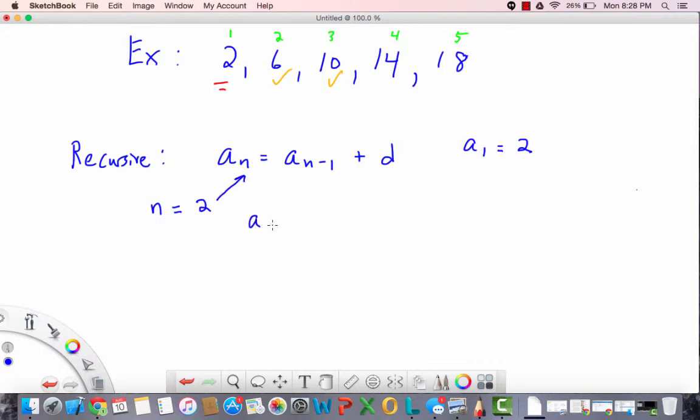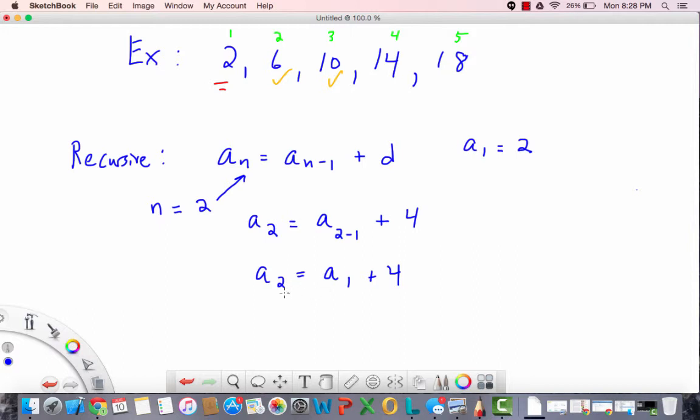So now we're trying to find a sub 2. That must equal a sub what? Well, n is 2. So we sub that in. That becomes 2 minus 1 plus d. And let's presume that we know d is 4 still. Let's simplify. A sub 2 equals a sub 2 minus 1 is 1 plus 4.